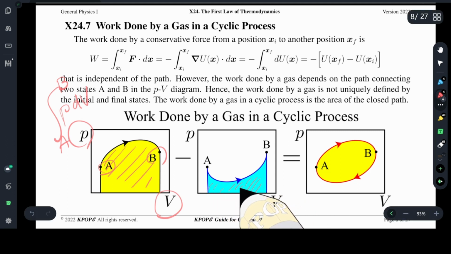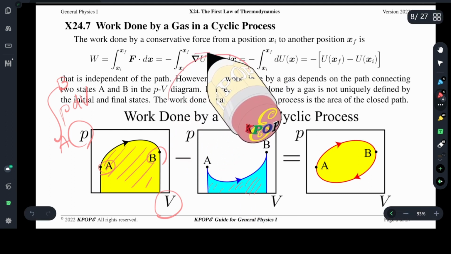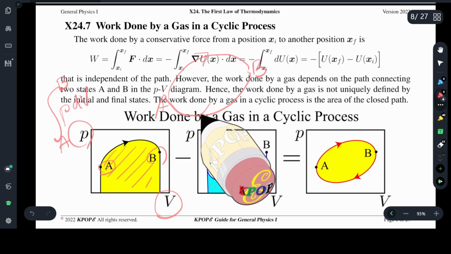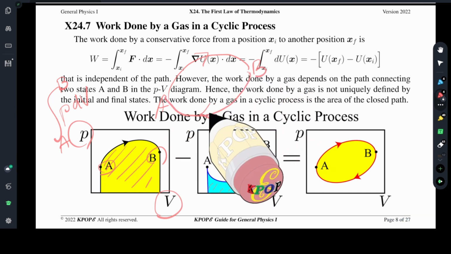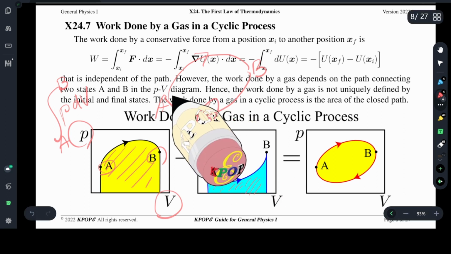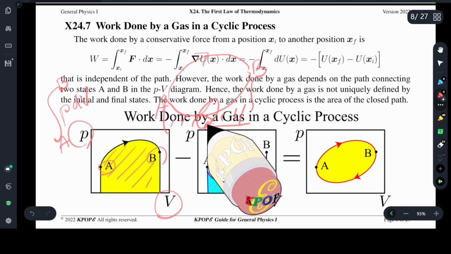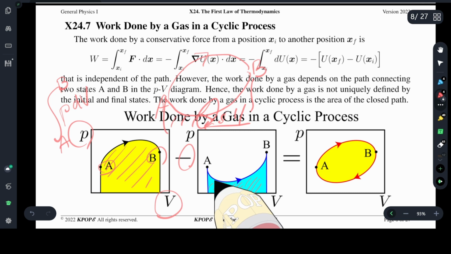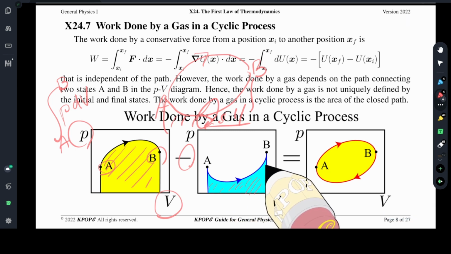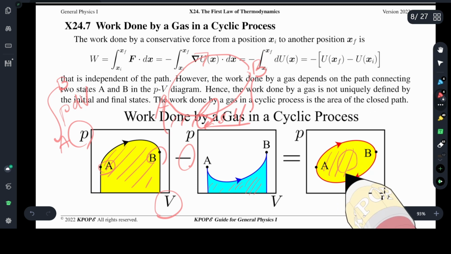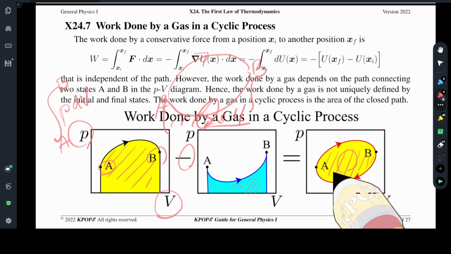In the cyclic process, it goes from A to B, and then from B back to A along a different path. In that case, this integral is negative. This is negative, right? So this integral is the negative of that integral. Therefore, this area subtracted by this blue area is the area surrounded by this curve representing the cyclic motion.